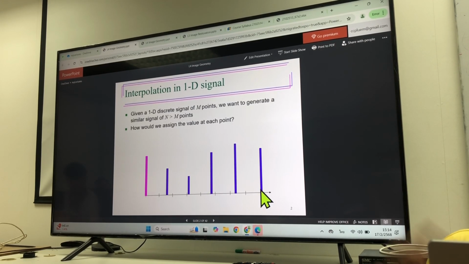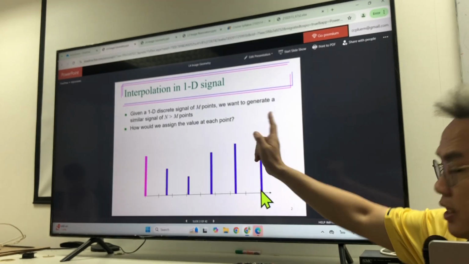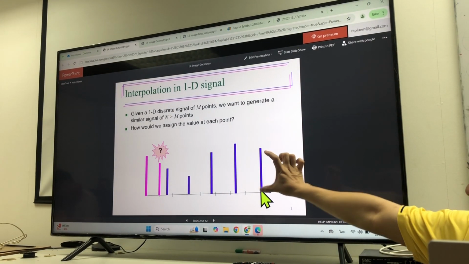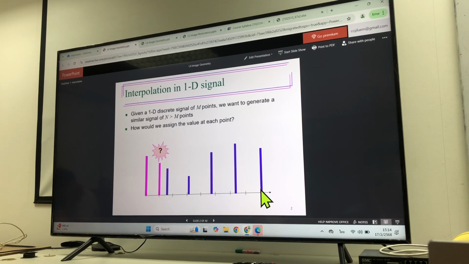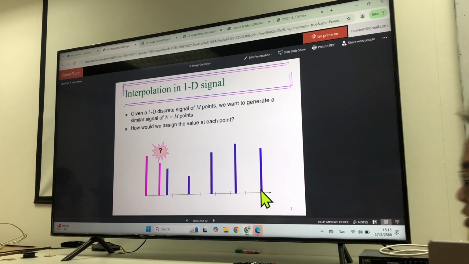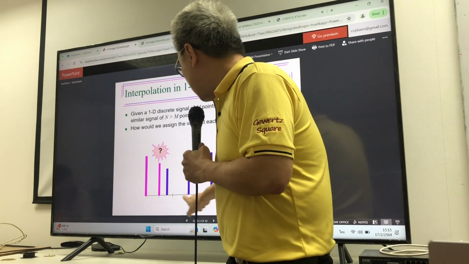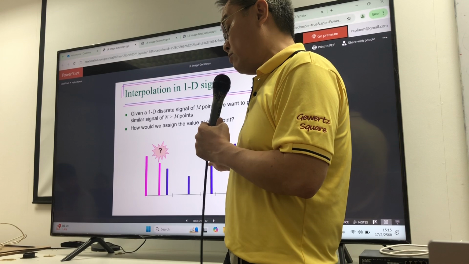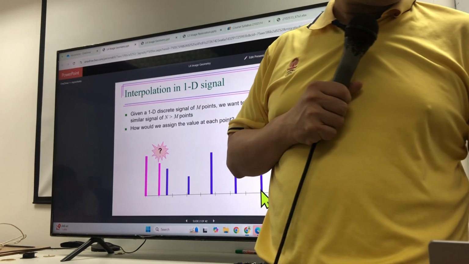The first one is the same position, so you get the same value. The second one, the question is, what's the intensity at that new location?